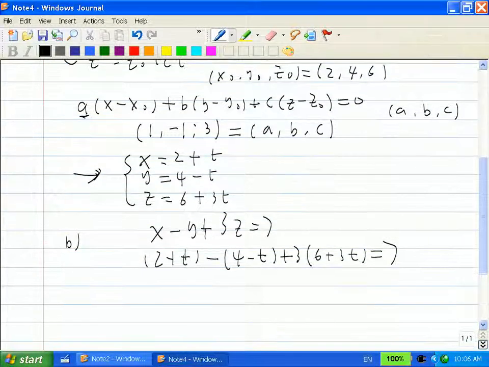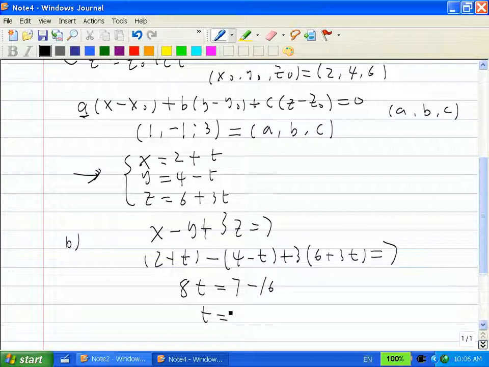Now solve for t. Adding all the t terms together, we get 8t, and for the constants, 2 minus 4 gives minus 2, plus 18 gives 16. So 7 minus 16 gives us t equals 9 over 8.